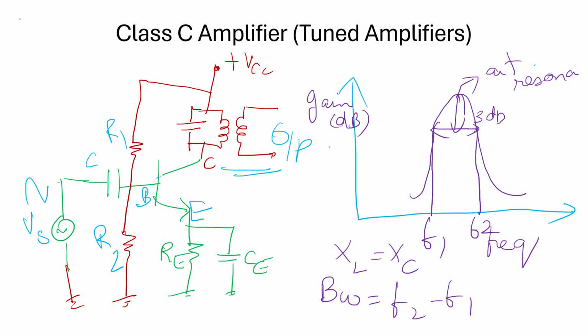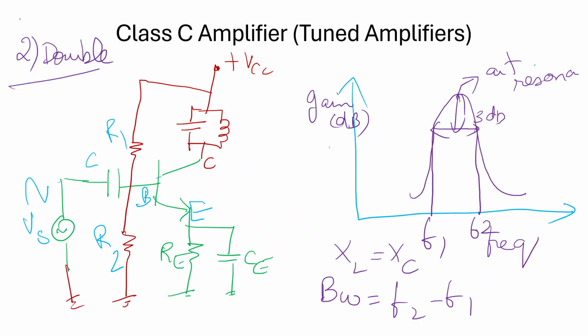Next we'll move on to the second type of circuit, double tuned. Do you have any idea of what is double tuned circuit? I'm just making a small modification here in the output of the transformer connected here.